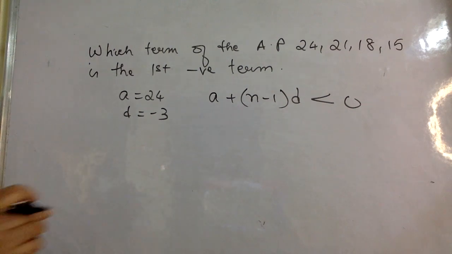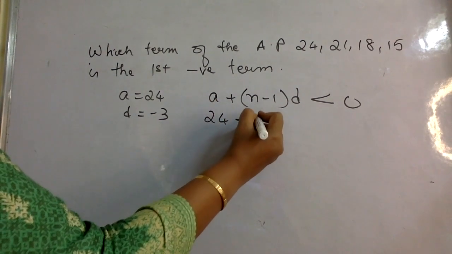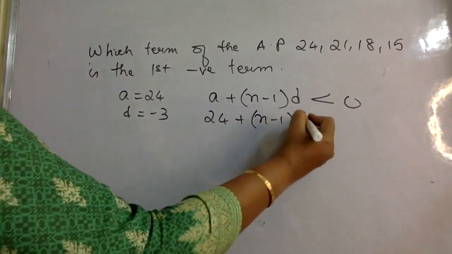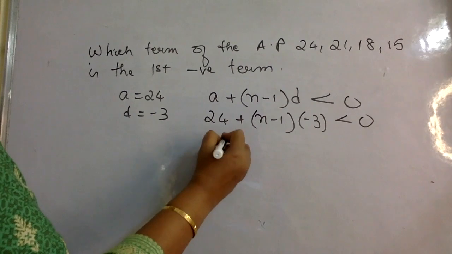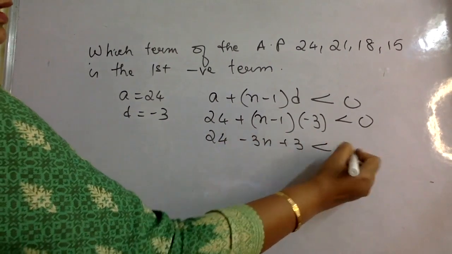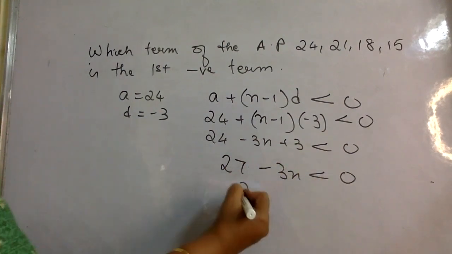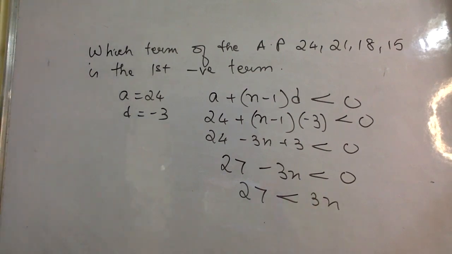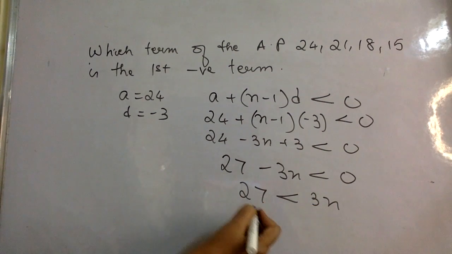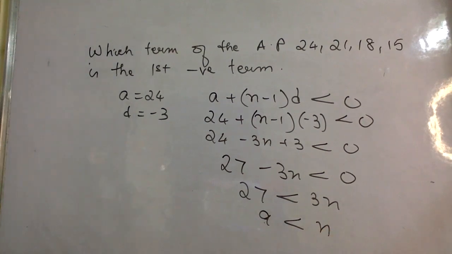Now here A is 24, n I don't know, D is minus 3, less than 0. 24 minus 3n plus 3 is less than 0. 27 minus 3n is less than 0. 27 less than 3n, and bring this 3 here, 9 less than n. So for all values of n which are greater than 9, means after the 9th term it starts becoming negative. So when n is greater than 9, the terms are negative.